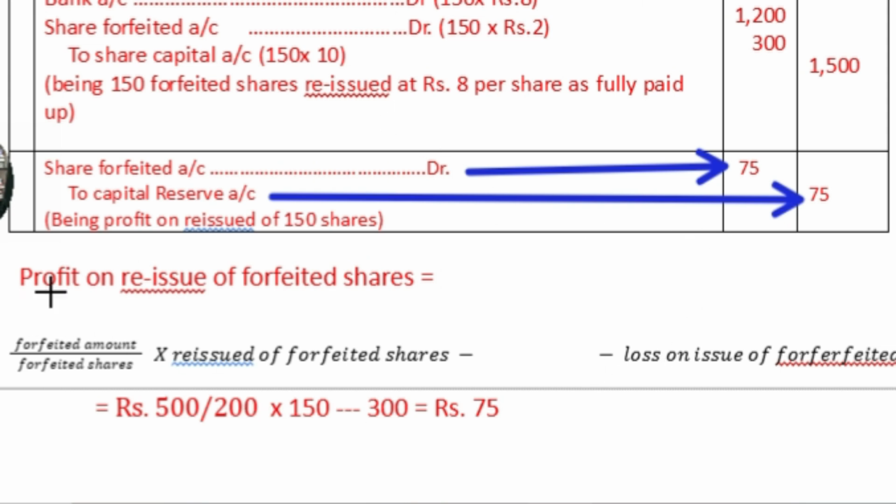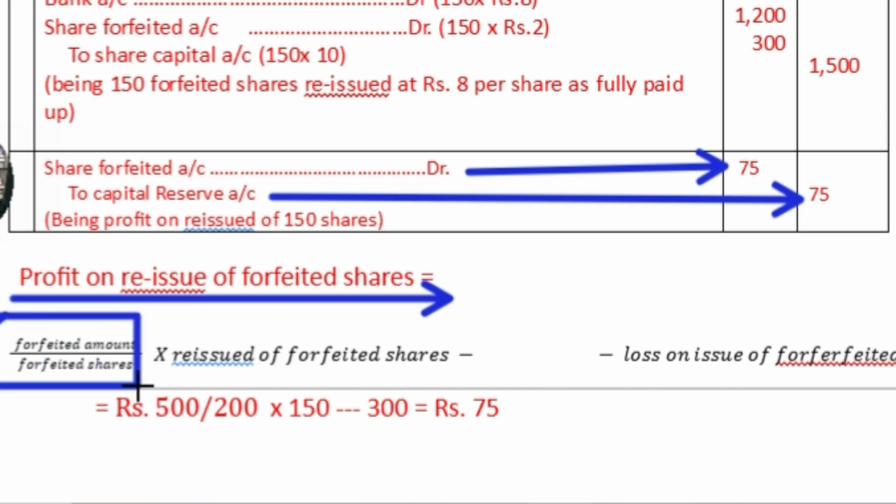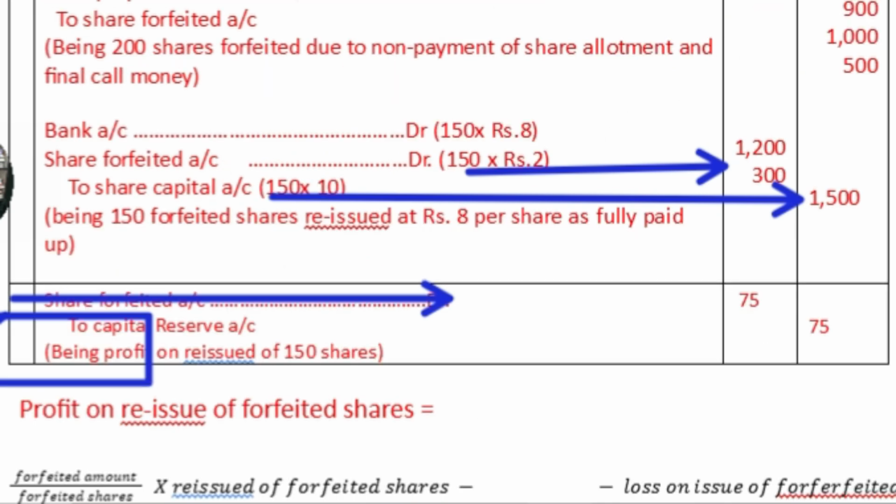This is the profit on reissue of forfeited shares. So then here it is given, this is the forfeited amount, 500.